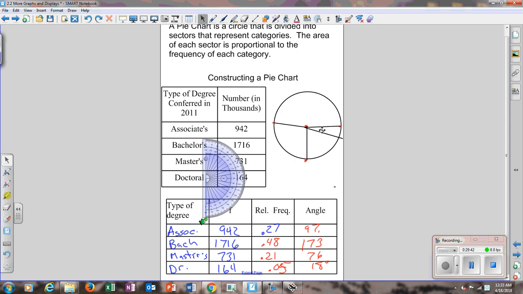And that would leave you with your last little bit, which would be the 18 degrees. And so your pie chart would look something like that. Again, I'm not going to have you draw that. I'm simply just showing you what it would be. All I would have you do is the table so that you don't have to worry about dealing with the protractor, working your way around like that.